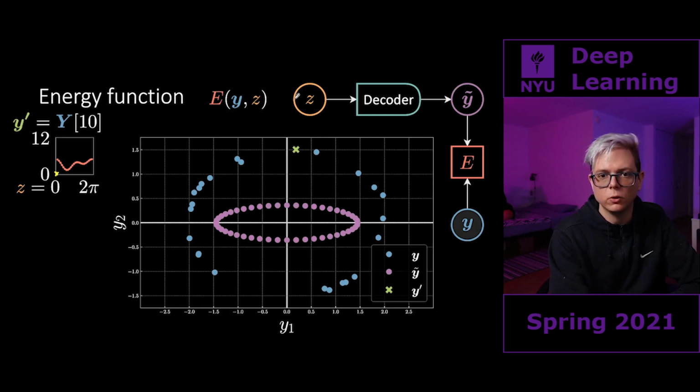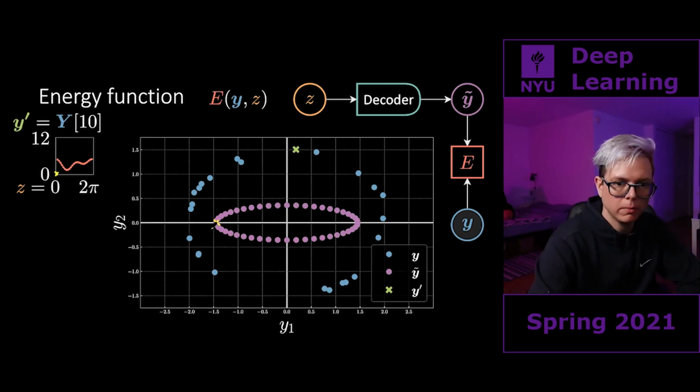The guess corresponding to this specific value of the latent. I told you before, given that my W1 is minus 1.5, that the first value that the network comes up with is going to be this value over here. So question for people at home, can you compute what is the energy?